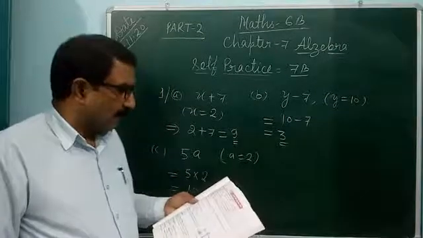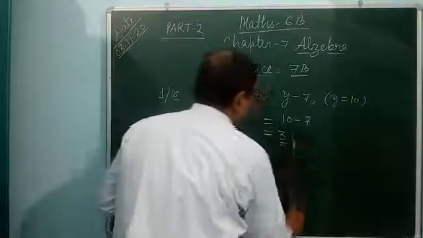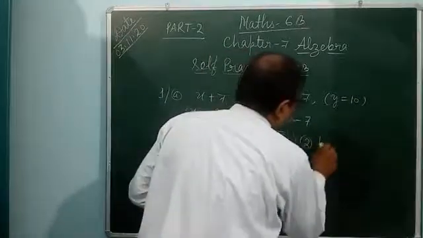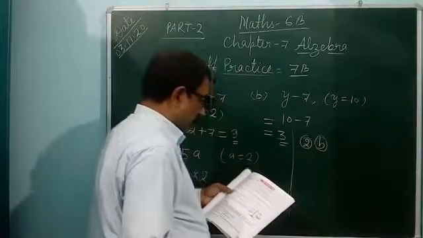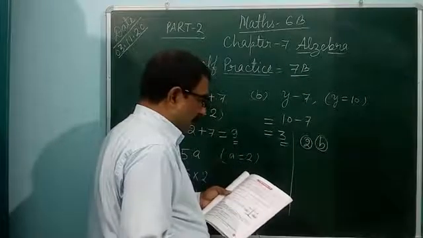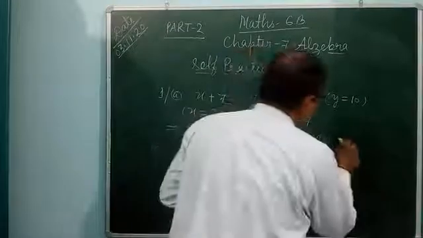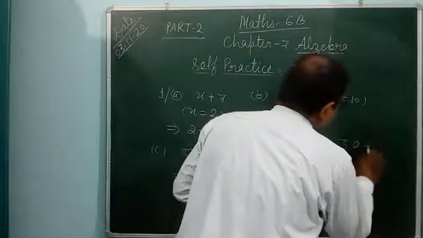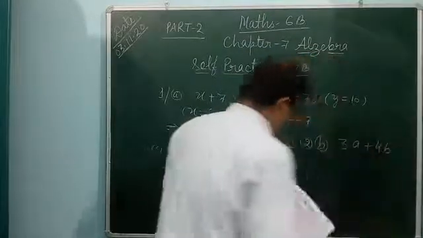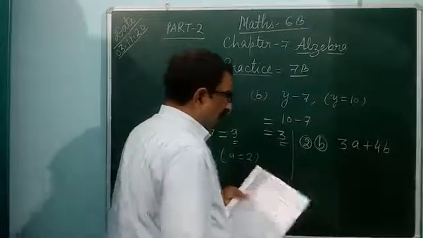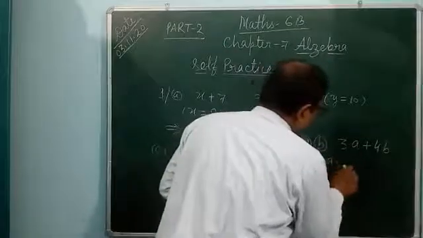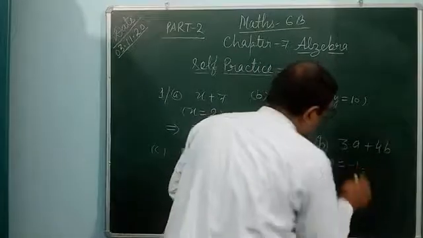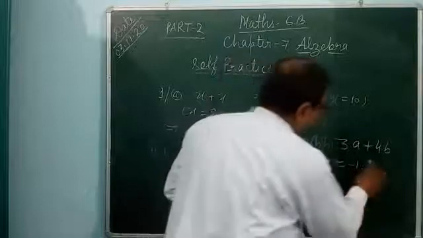You can see 2B as 3a plus 4b. It is given the expression, a is equal to minus 1 and b is equal to 2.